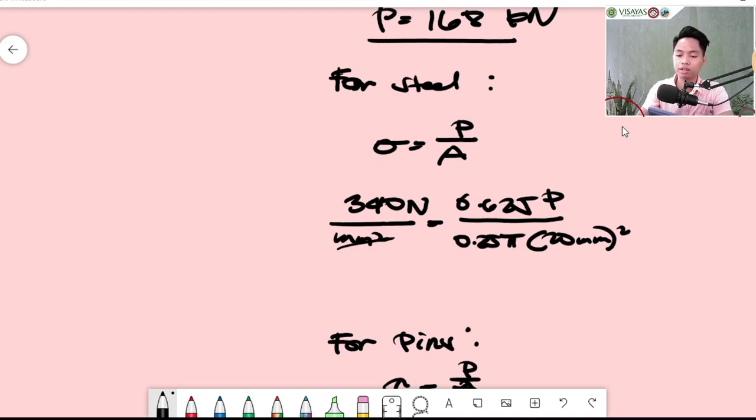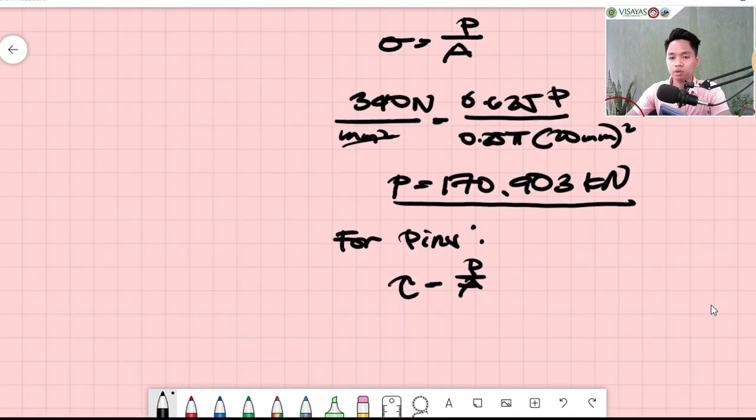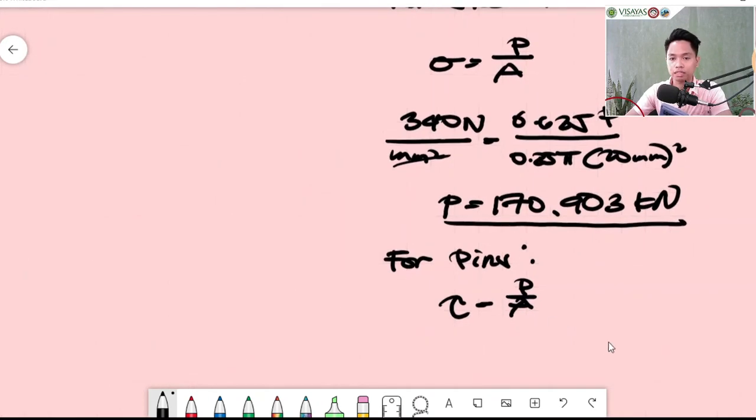Then I will convert it straight to kilonewton. That would be 170.903 kilonewton.